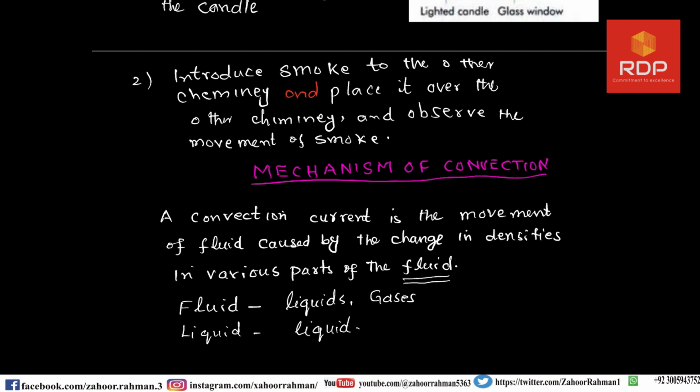Here the fluid means both liquids and gases. In the first experiment we observed fluid, liquid, which was water, and in the second experiment we observed the convection current through air particles. Combinedly these two are given a name fluid.